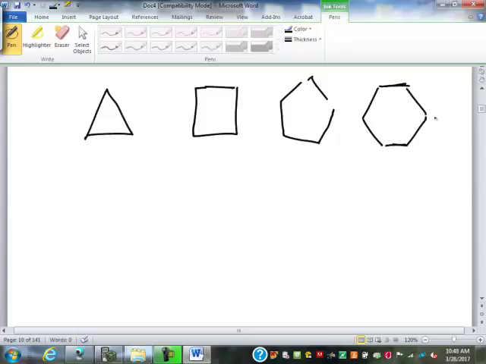Each time I add a side, it gets closer and closer to a circle. And a circle, if we're dealing with calculus, becomes a polygon with an infinite number of sides.